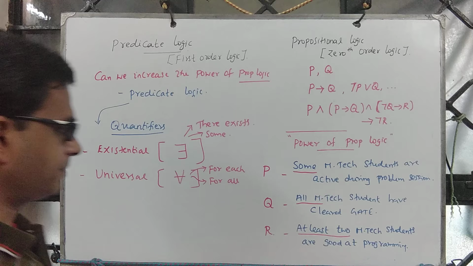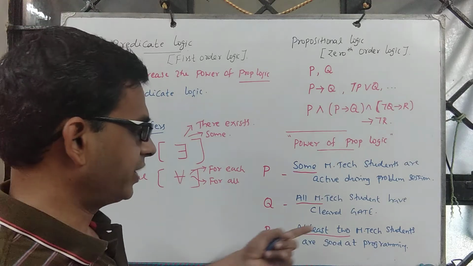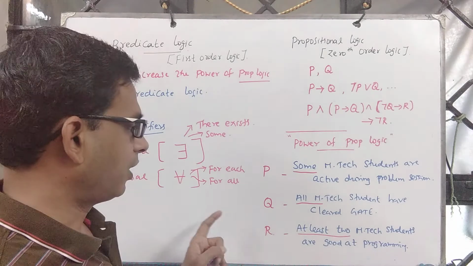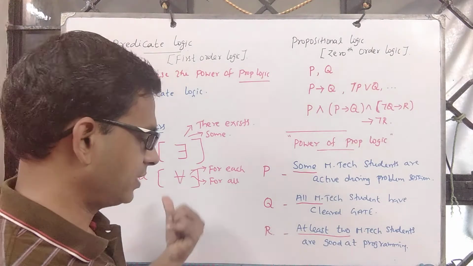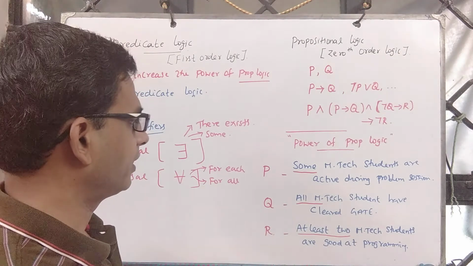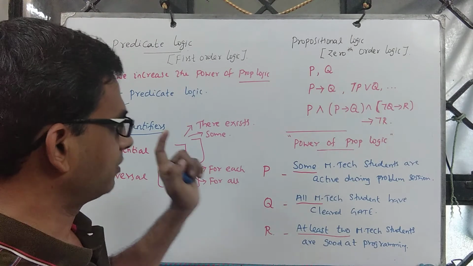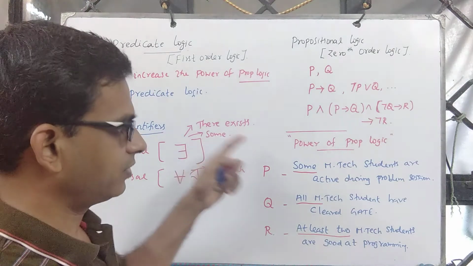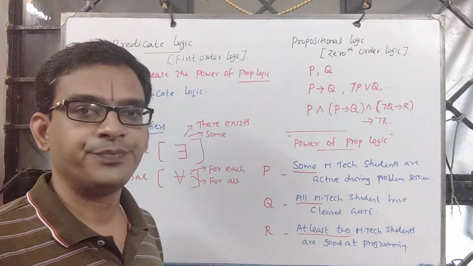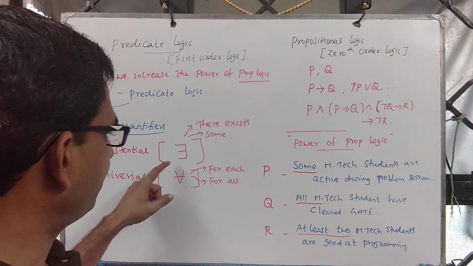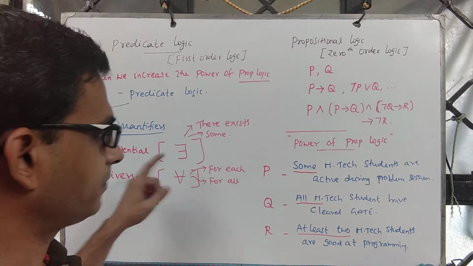Universal quantifier captures each student in this class, then it's for all. All MTech students, then it is for all. And some students are good at, there exists a student who is doing so and so. To capture such statements, we make use of the existential quantifier.